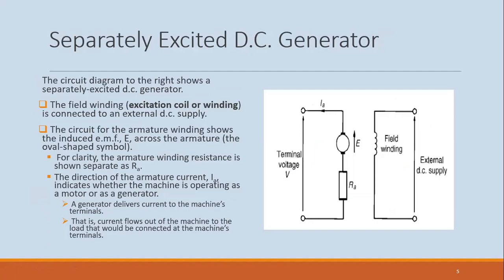All right, and I'll quickly show you circuit diagrams now. The circuit diagram of a separately excited DC generator is shown here. A different source of supply would be used, so these are not connected together. The armature is not connected here.